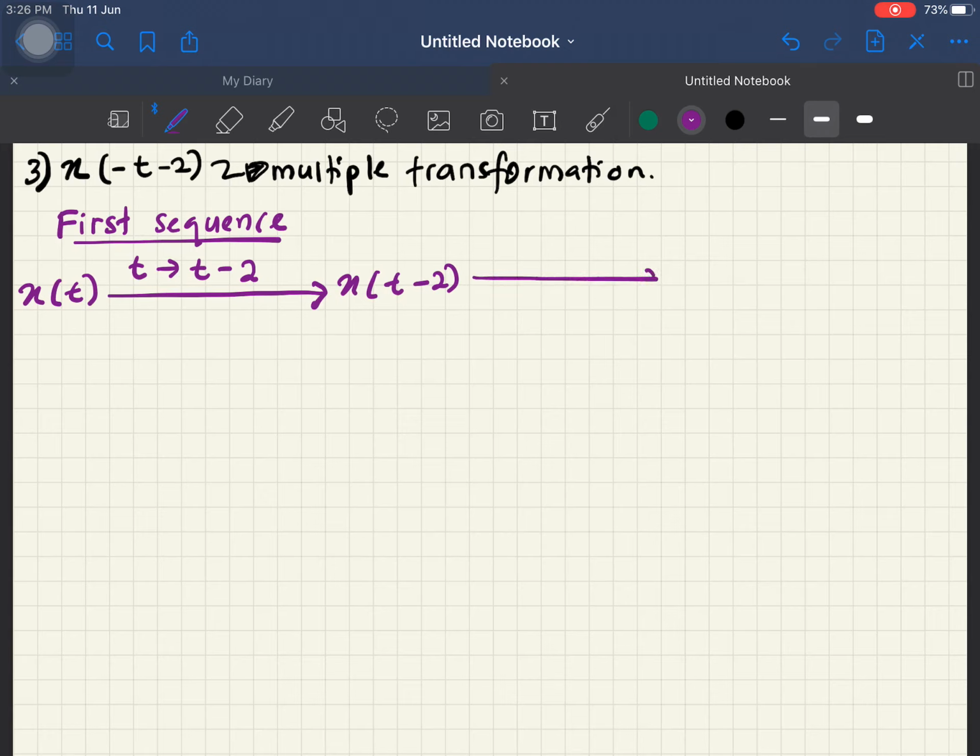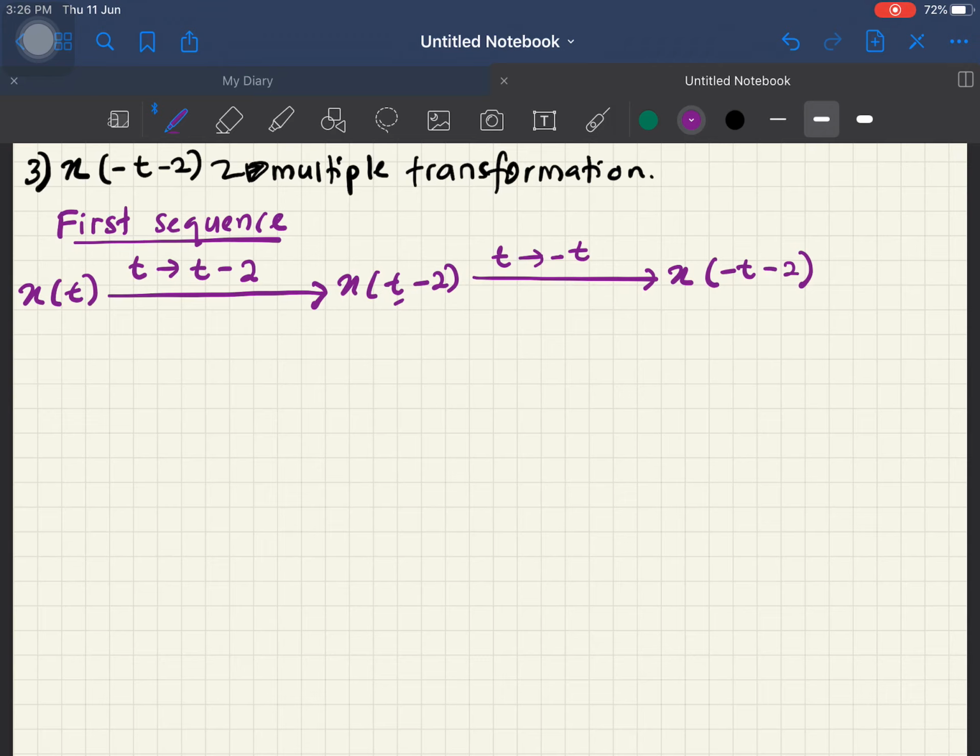After that, you do time inversion, so t becomes minus t. So you will get x, you just replace this by minus t, you get x of minus t minus 2.